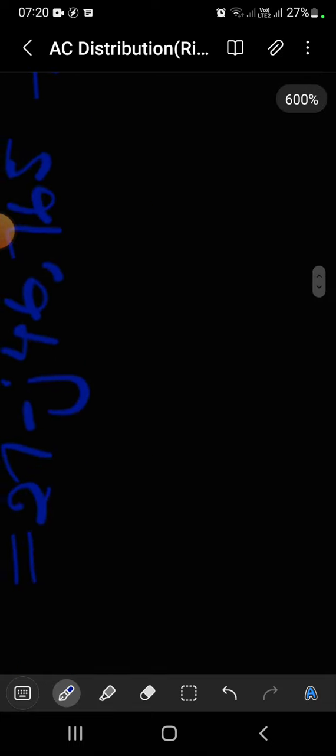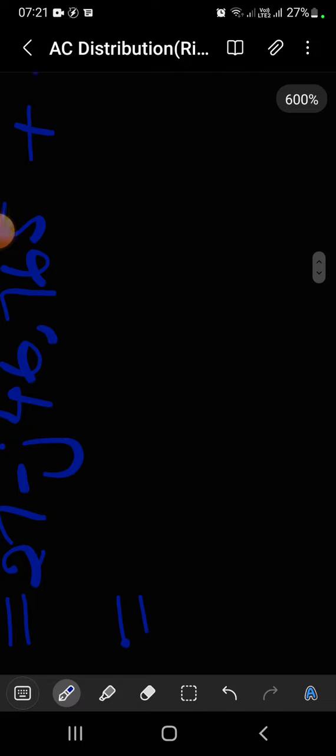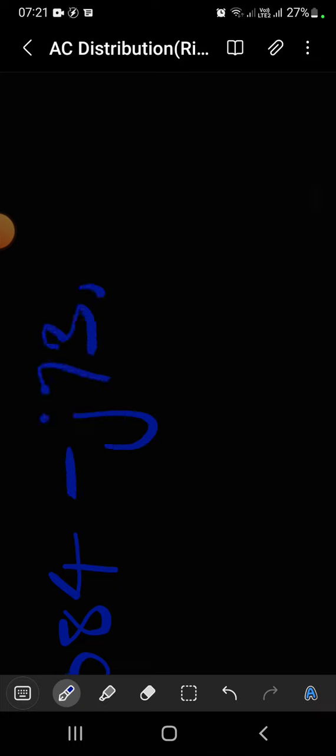Adding those together, you should get, I think I should not consult my book to save time. That's IAB. Your real part should be 51.084, and then your imaginary part is minus j73.522.